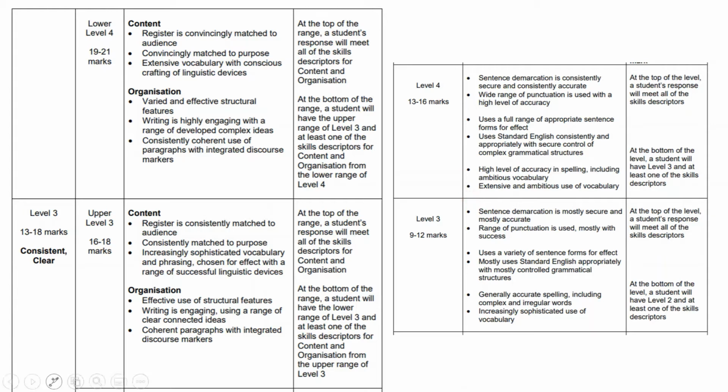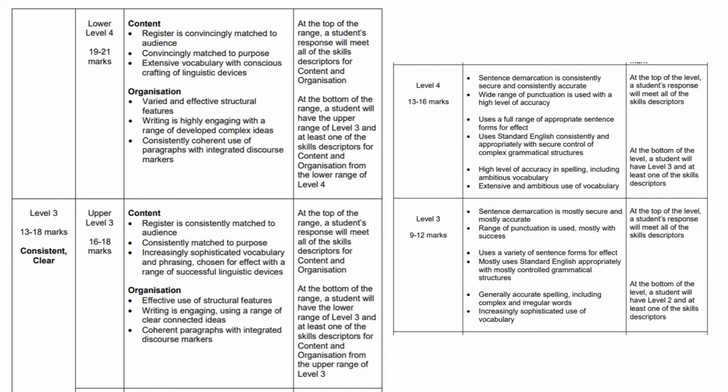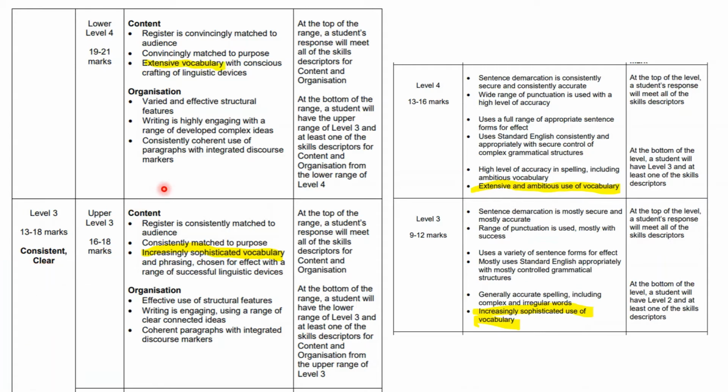Speaking of vocab, that is our focus of today's lesson, and it's particularly important because we are marked for it in SPAG, and we are also marked for it in content. So it's important that our vocabulary is sophisticated and ambitious so we can pick up the marks for that skill in both our SPAG and our content and organisation mark.